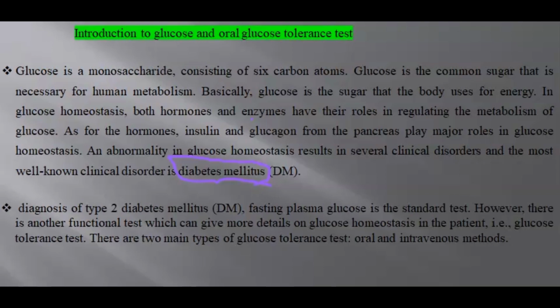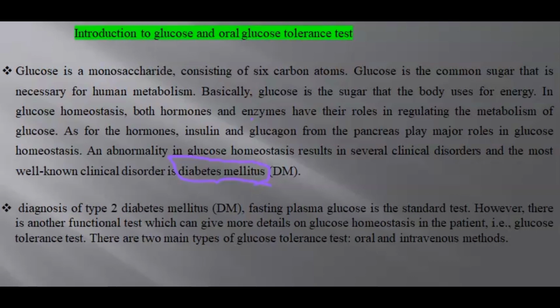So that will be the oral glucose tolerance test to prove the fasting plasma glucose, which is the standard test. We do another further test, and that is when we can talk about the oral glucose tolerance test. However, there is another functional test, now listen carefully, which can give more details on glucose homeostasis in the patient.